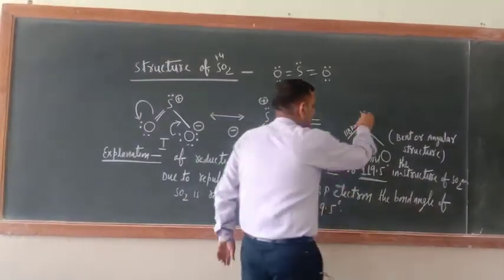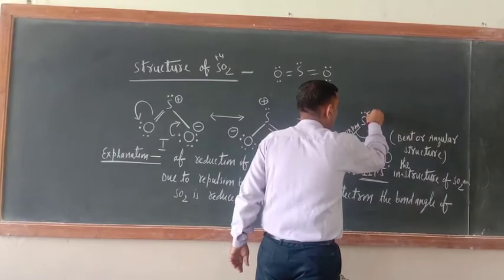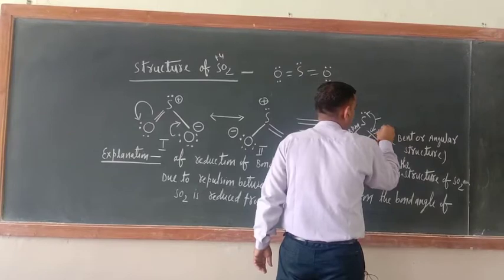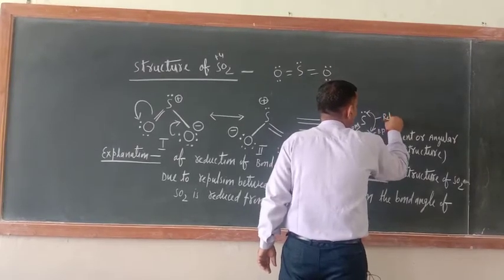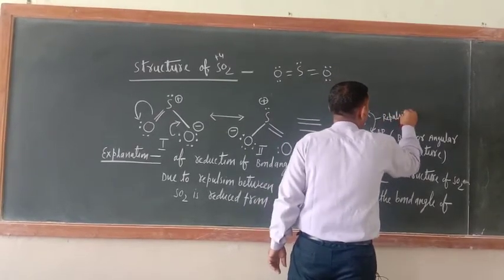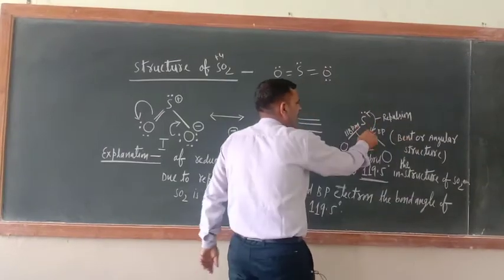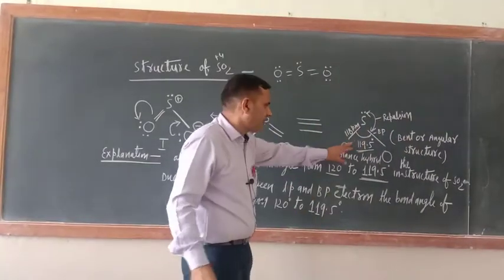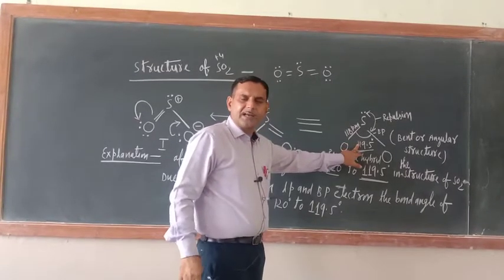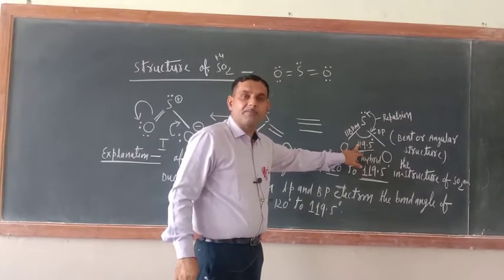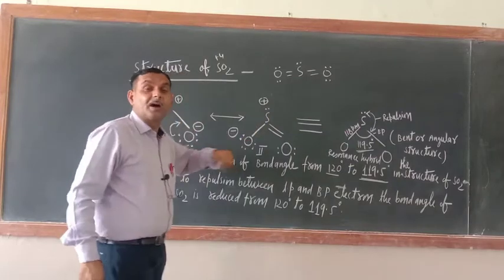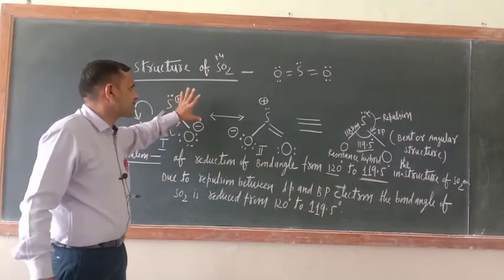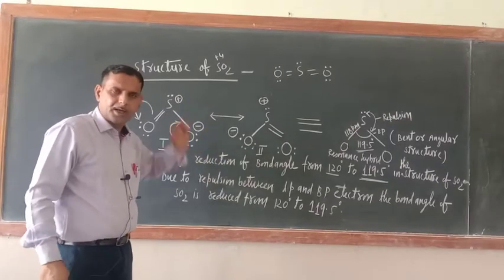So here this lone pair and this bond pair will repel. Here the bond pair electron is there. This is repulsion. So because of repulsion between lone pair and bond pair, there is a little bit of shrinkage in the bond angle. So the actual bond angle is 119.5 degree rather than 120 degree. So this is the resonating structure of SO2 and its bond angle.